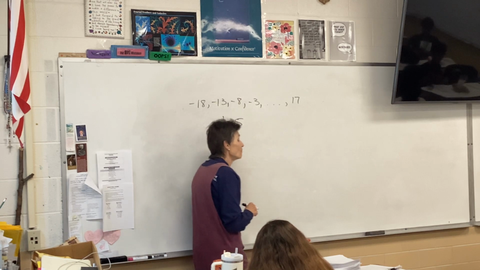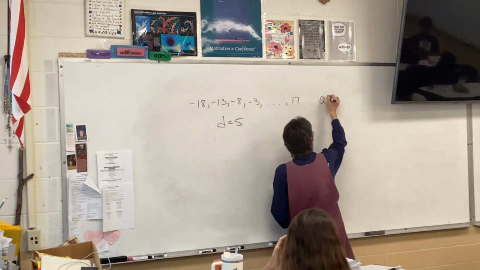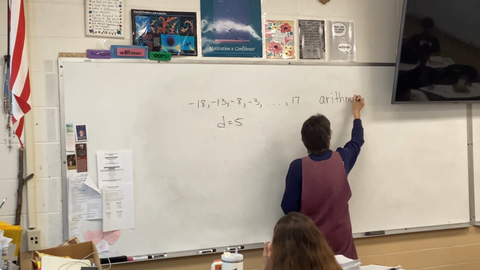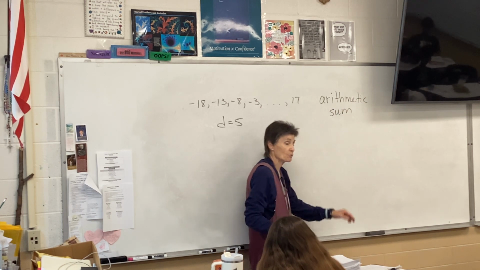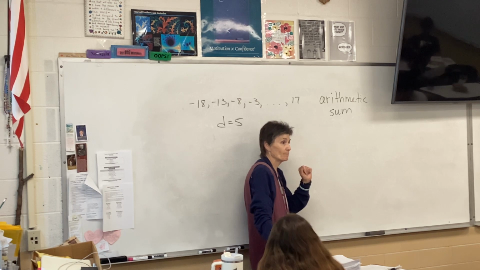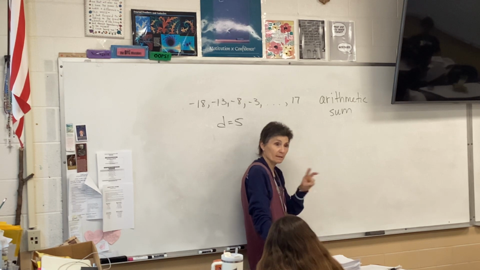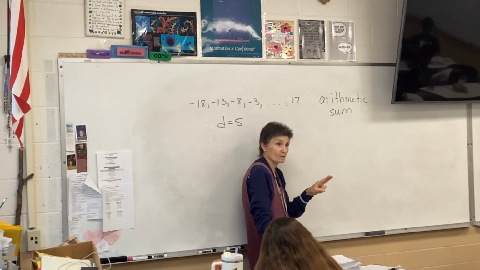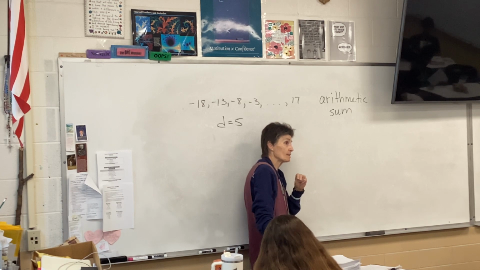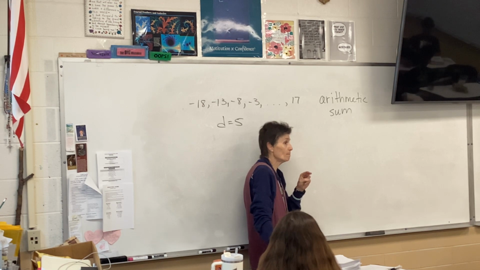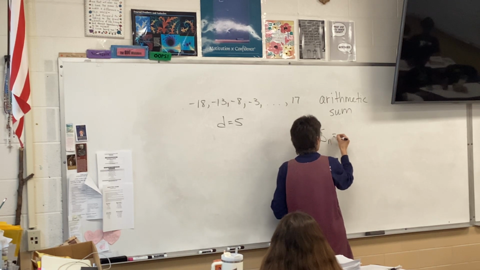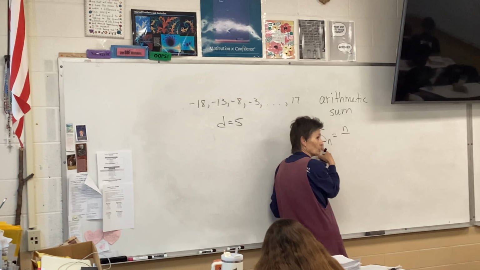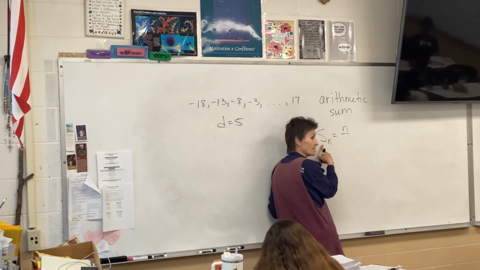So, we have a formula for an arithmetic sum. Now remember, yesterday I told you, how many formulas did we get? Who remembers? 2. We got one for arithmetic and one for geometric terms. Now we're going to get some more. You do not have to memorize them, but you have to remember that for an arithmetic sum, a definite clue is an S. Yesterday that was an A, remember?